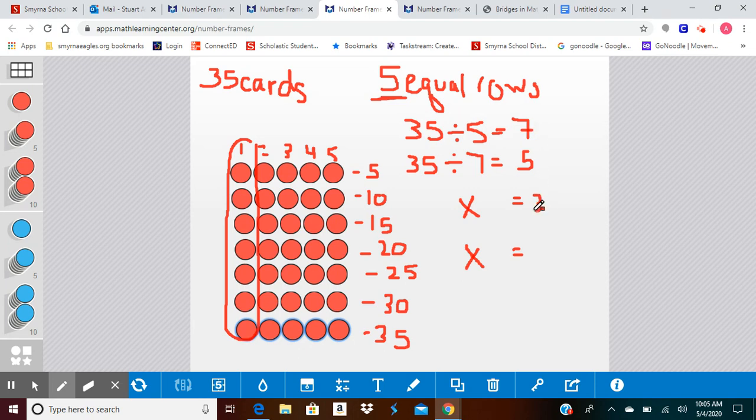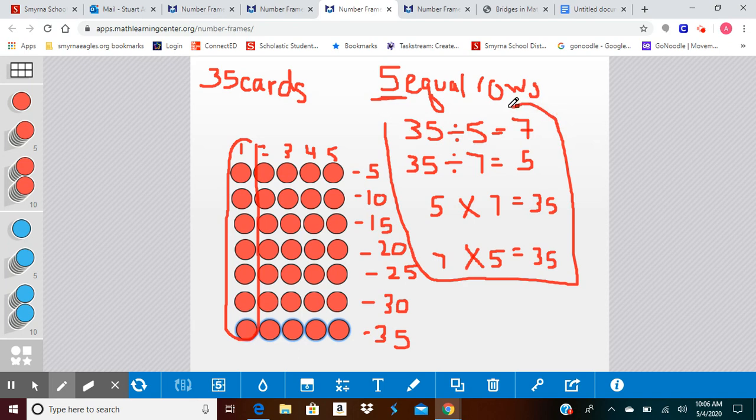So our answers should equal 35. So now we just have to use the other 2 numbers that we were given. So we can do 5 times 7 equals 35. And now we have to flip it and do 7 times 5 equals 35. And all of this is my fact family.